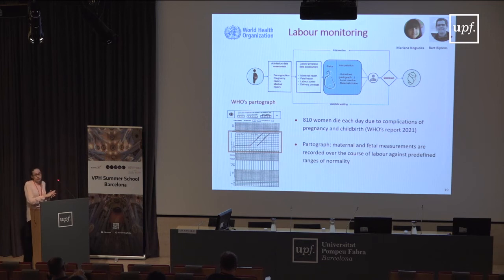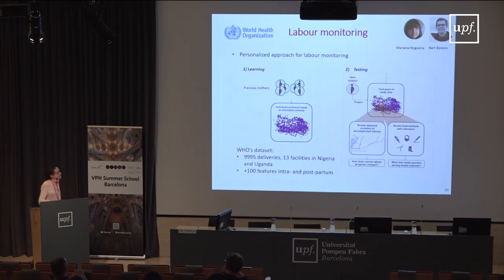And it is compared with some ranges of normality. But it has been shown that sometimes it does not generalize well, because normality depends on the characteristics of the mother. Okay?